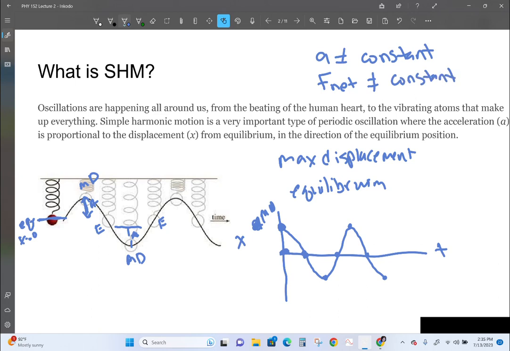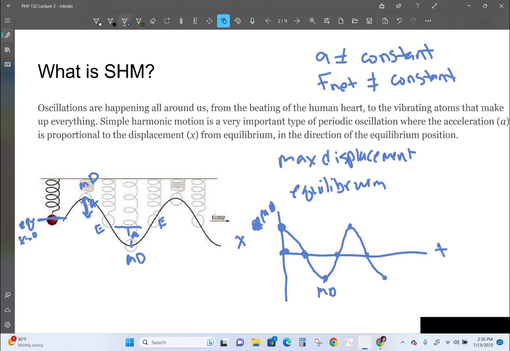It changes. So think about if you have a rubber band. It gets harder and harder to stretch it, right? Same thing with a spring. So with oscillators, the force that's causing the oscillator to try to return to normal changes with displacement from the equilibrium point. When it's at its furthest points, its maximum displacements, it has the greatest force acting on it.